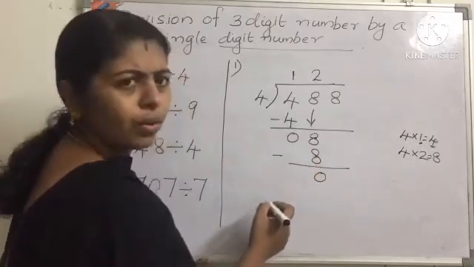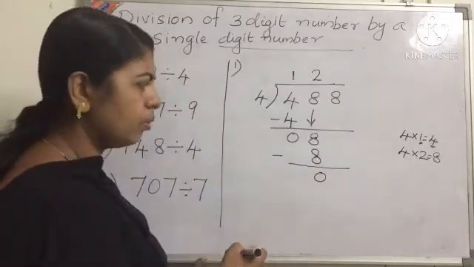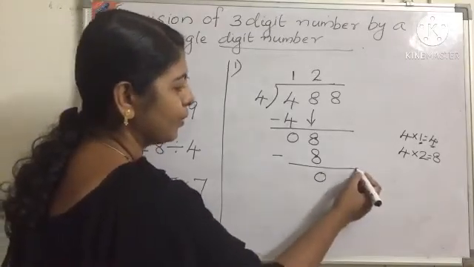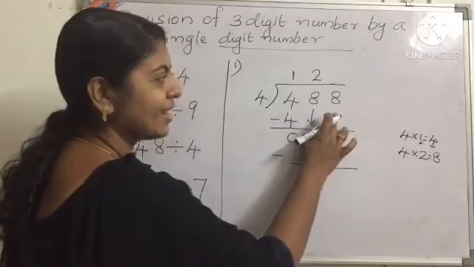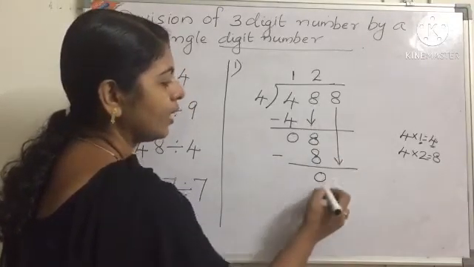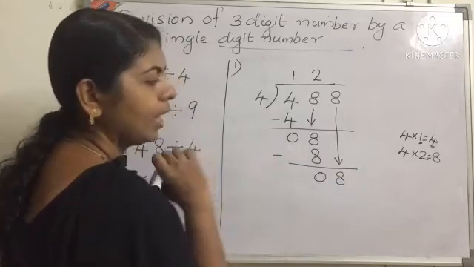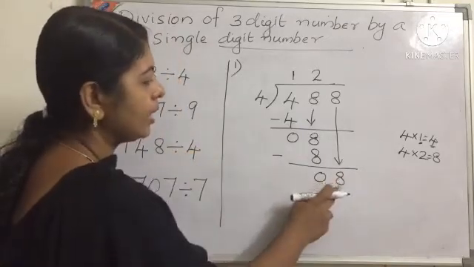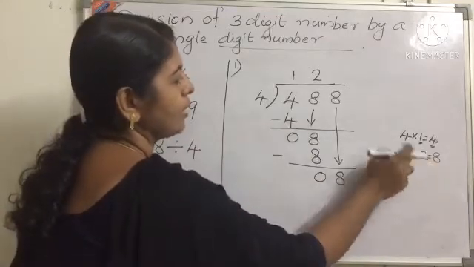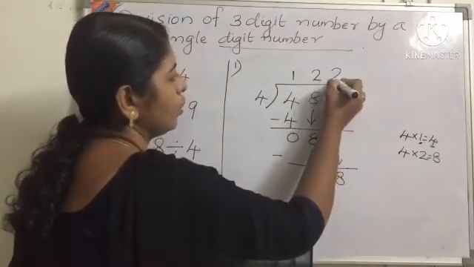This 0 we don't need to write down because 0 minus 0 is 0 itself. We have one more digit, that's 8, and we write that down. So it's 8. Then 8 divided by 4, the same, we will get 2.